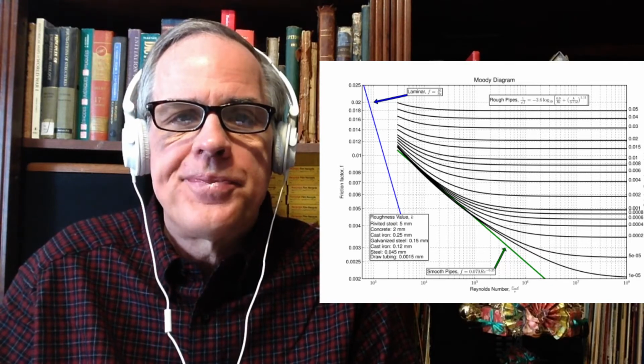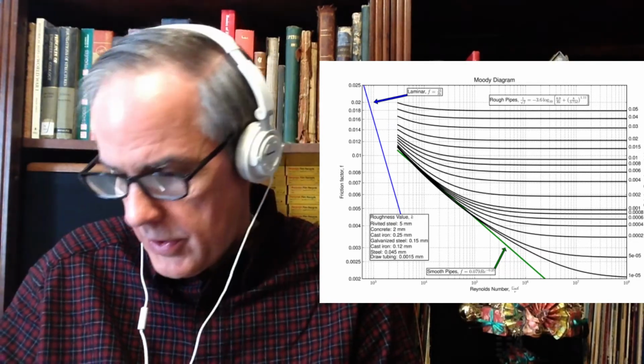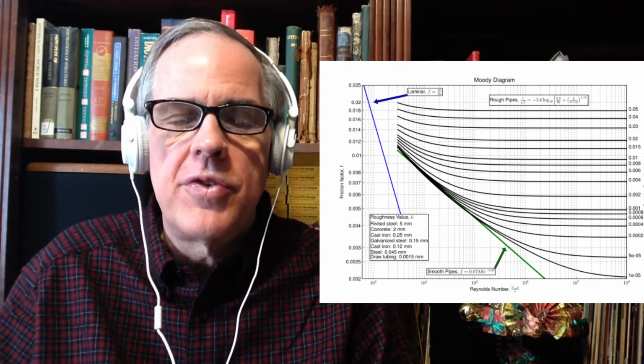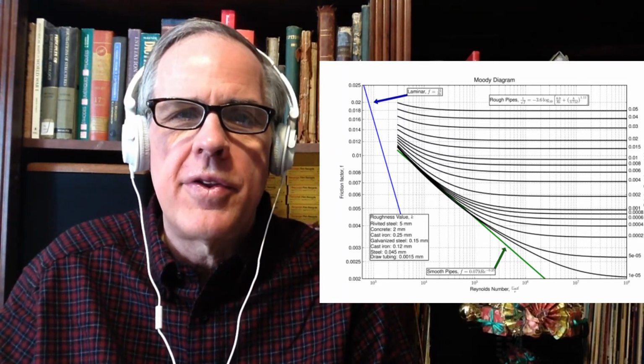We see a thing called relative roughness, which, for the Moody Chart I'm using in the handout, is equal to epsilon, the roughness or asperity of the surface, either in feet or meters, or in the chart's case, millimeters, over the diameter of the pipe.